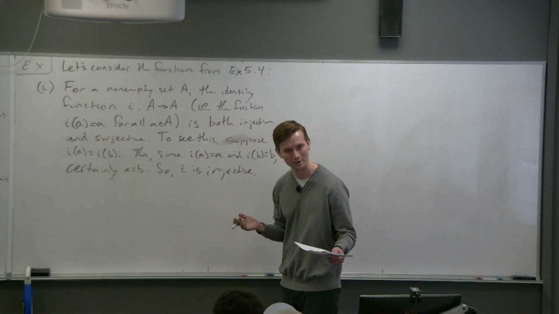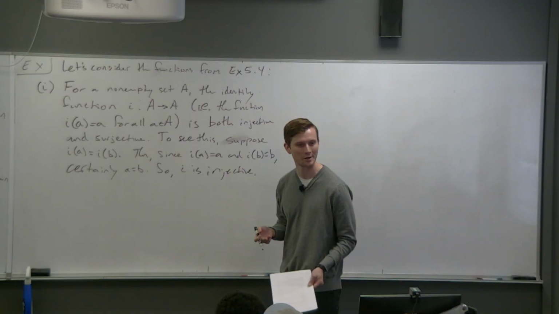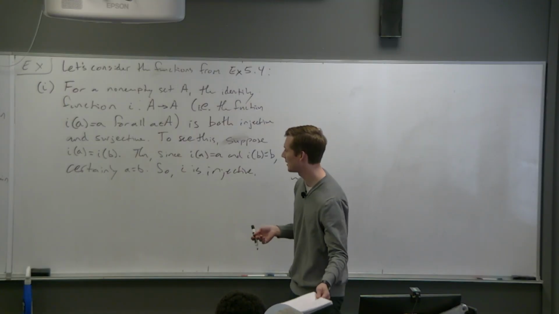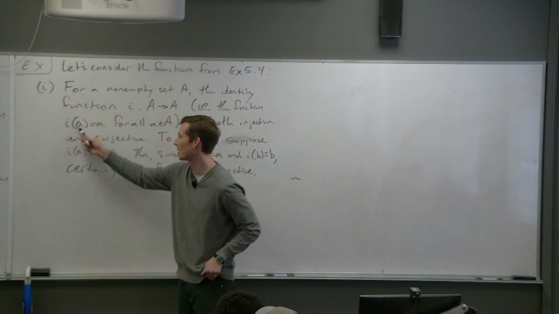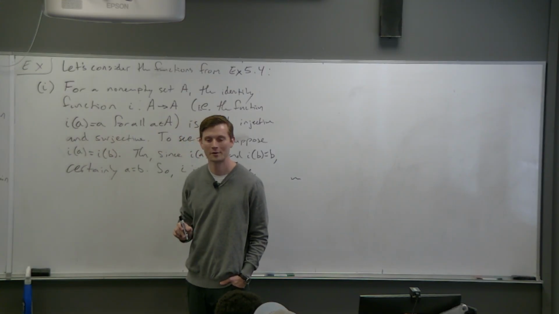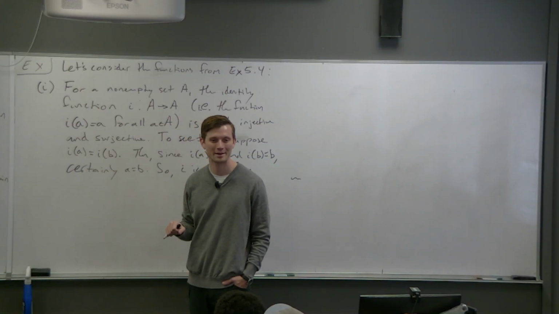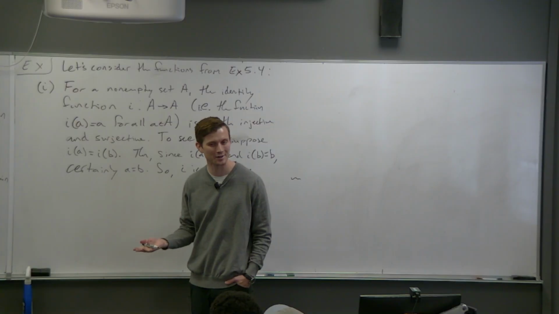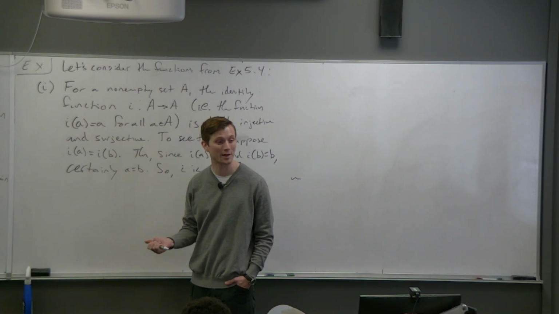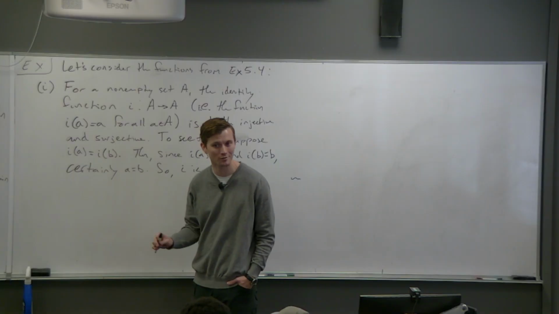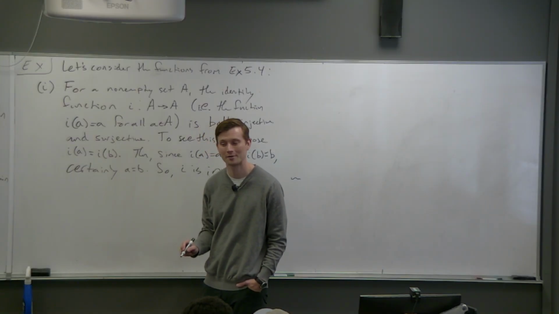Yeah? Just from the definition, right? What the identity function does is it sends an element to itself. So if I of a is equal to I of b, then a is equal to b. That's exactly the thing we need for injective, right? So that implication is satisfied, hence injective. What about surjective?